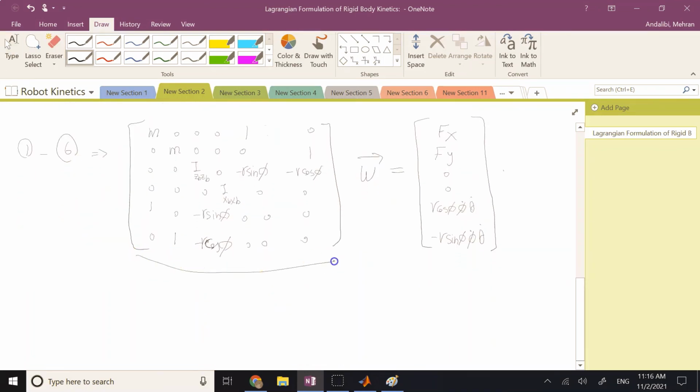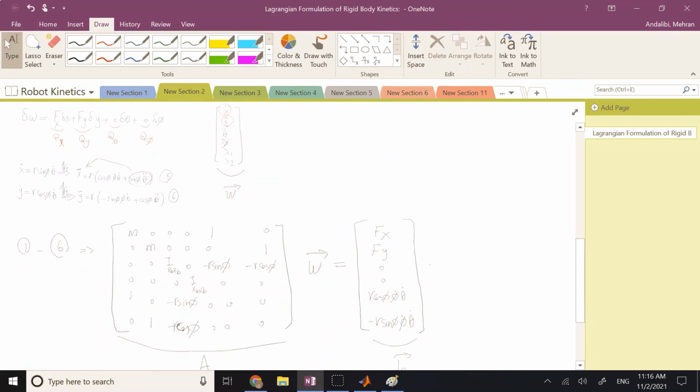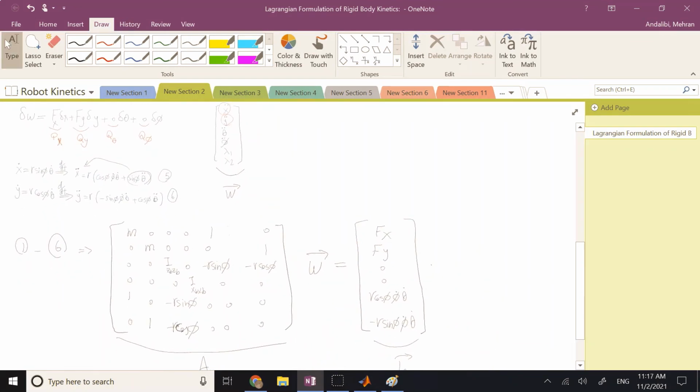Okay, and so you can call this matrix A, you can call that right hand side B. So W is going to be A inverse times B, and the first two components in W are going to be your x double dot and y double dot that you might care about. Or if you care about the lambdas, you can find lambdas too.